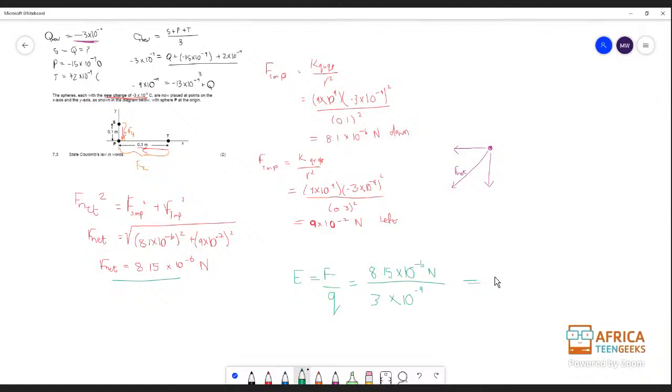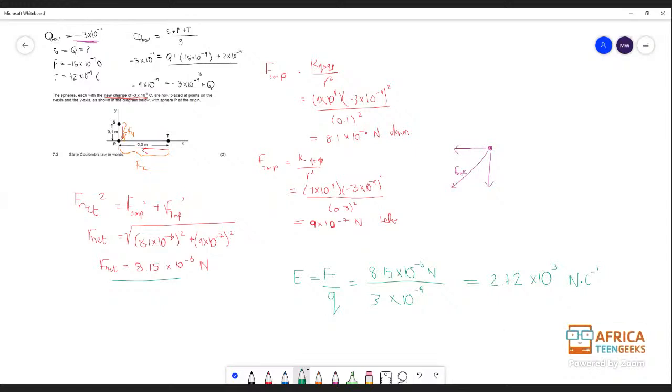So your electric field is equal to 2.72 times 10 to the 3 newtons per coulomb. Okay, so that's how you work out electric field strength.